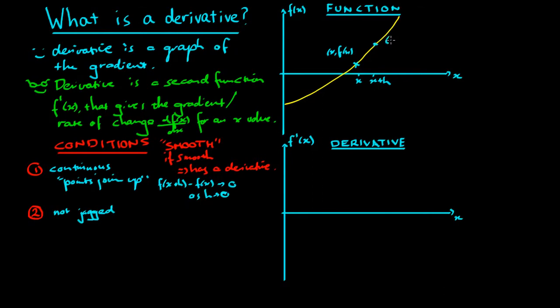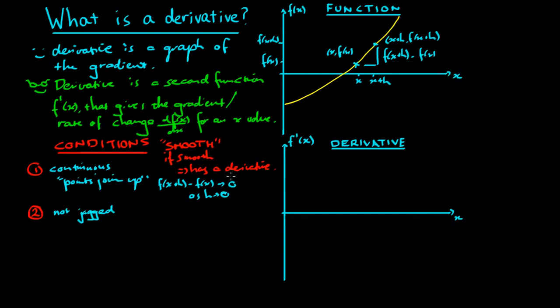Then that point has a height f x plus h. So the difference in height is equal to f x plus h take fx. And if that's troubling you, just imagine this height here was fx, as indicated by this point, and this height here was fx plus h, so the difference is that.